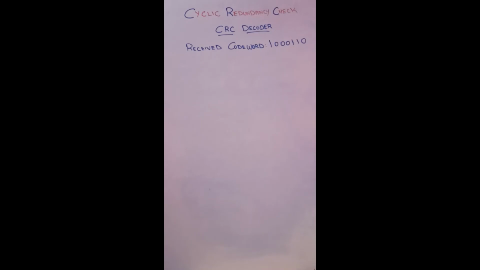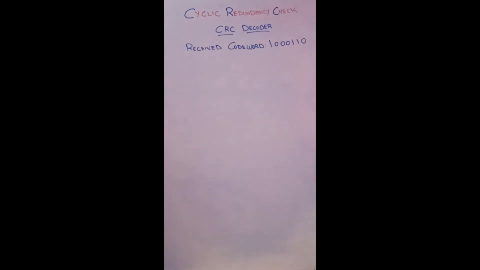Now we have to perform the same modulo 2 division operation and check the syndrome. In case any value is there in the remainder, that is in the syndrome, it means that the data word we have received is corrupted by noise, and so it should be discarded. Let us do the modulo 2 division and see the result.